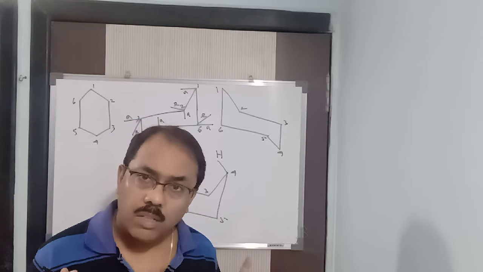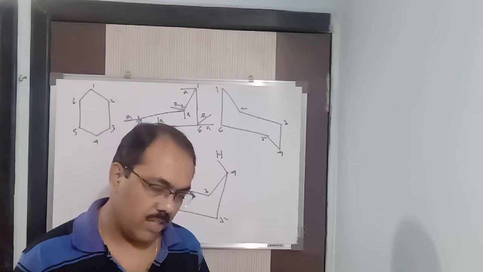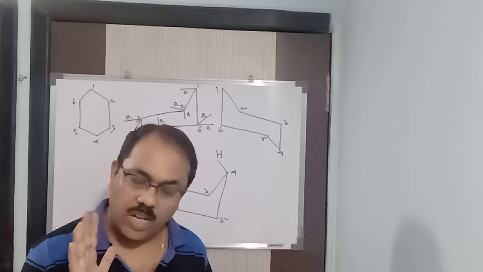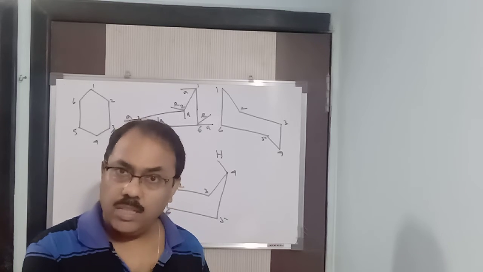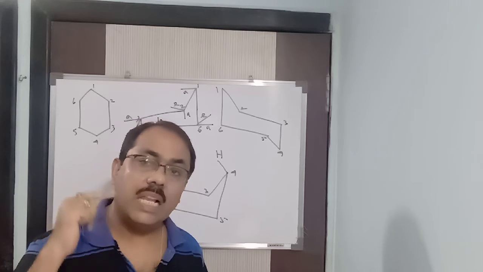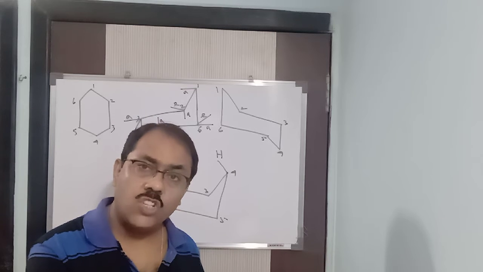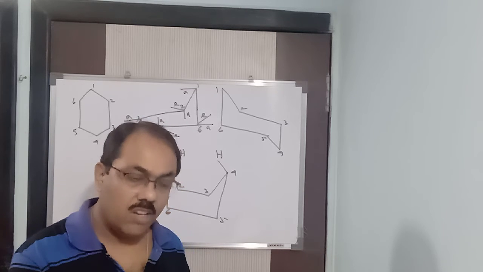Eclipsed, the bond angle is 0 degree. As it is being eclipsed, as you have already seen in the energy diagram I showed you, the eclipsed is less stable in nature than gauche or anti. So here also the same thing.